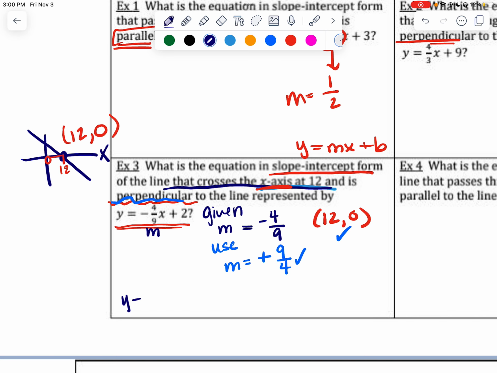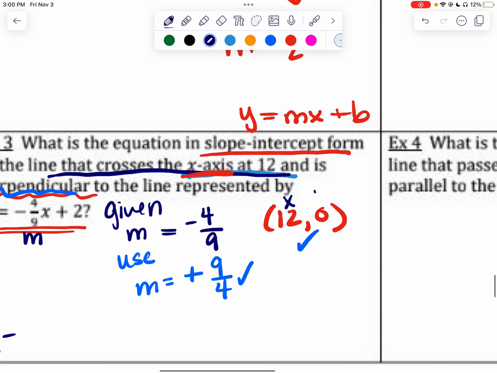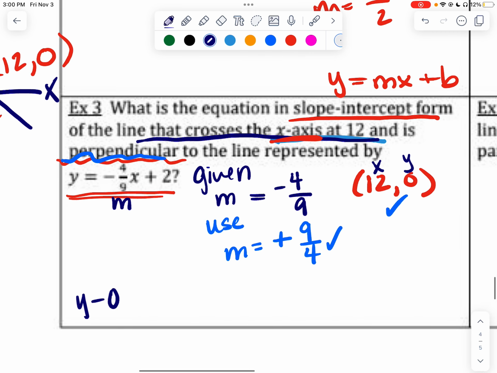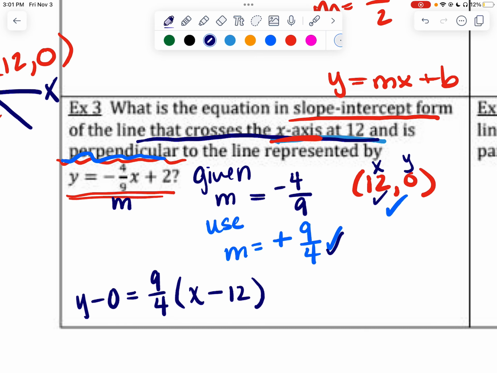Y minus, gotta see, what is it? X comma y. So y minus 0 is equal to, here's my slope, 9 over 4. Now x minus, there's the x, 12.